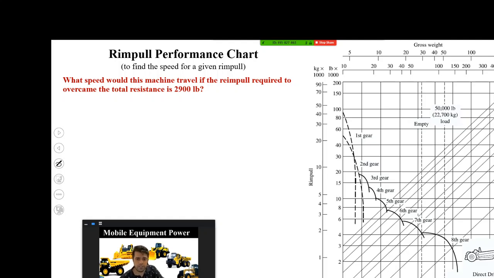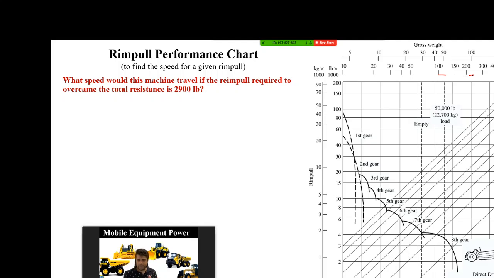What speed would this machine travel if the rim pull required to overcome the total resistance is 2,900 pounds, okay?